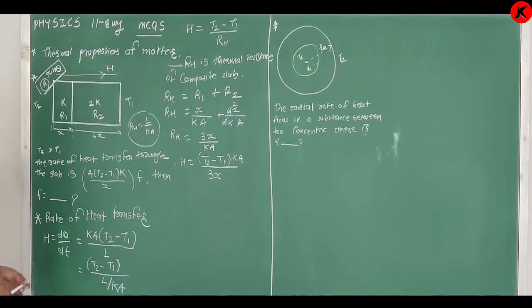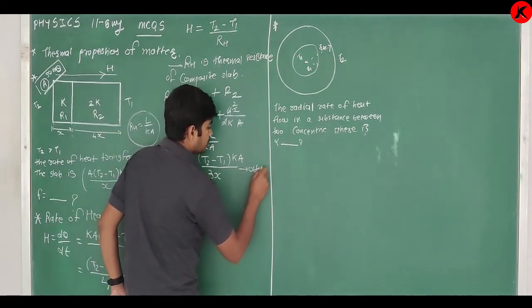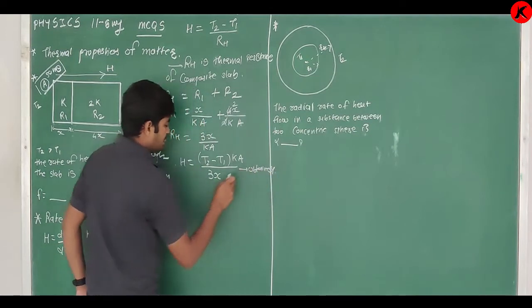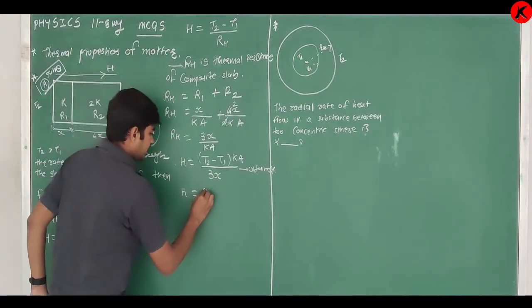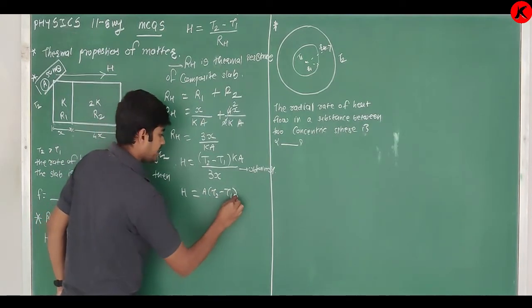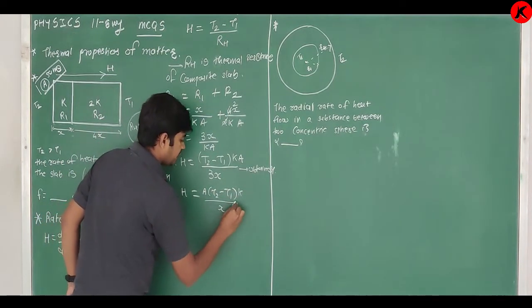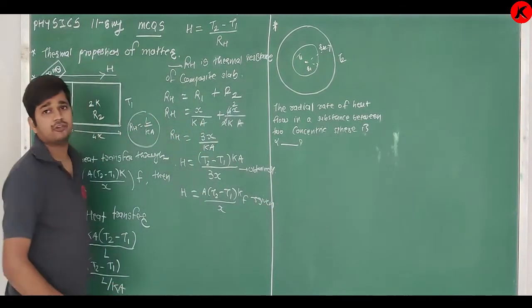Now what is the equation given? Here it is. This is the equation that we have obtained, and this is the equation of heat transfer, H, which is A times T2 minus T1 times K upon x, and here F is given. Now compare these two equations.